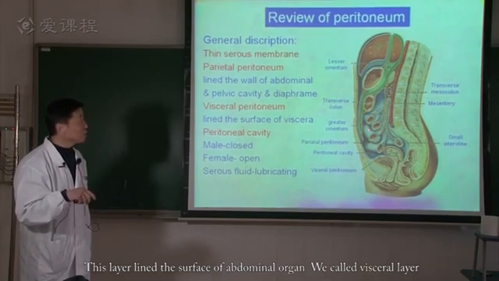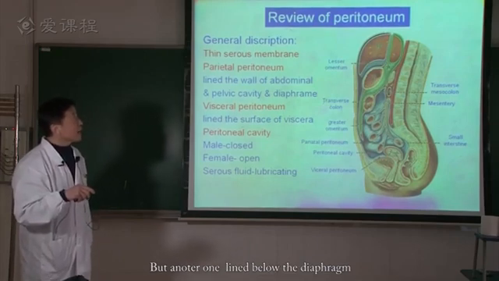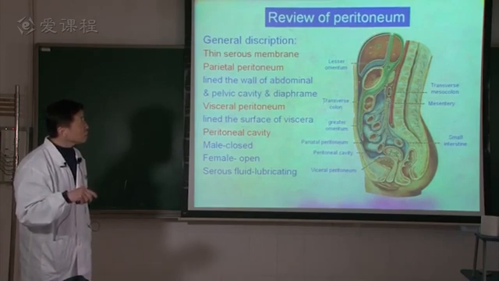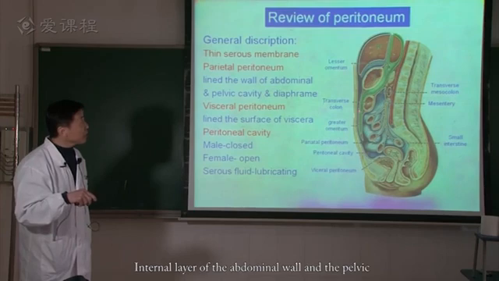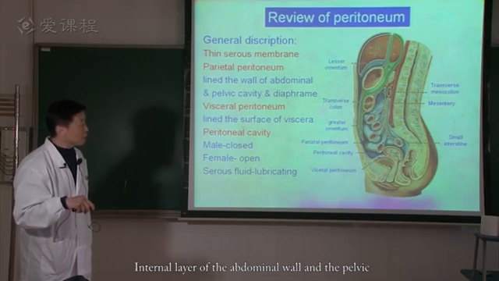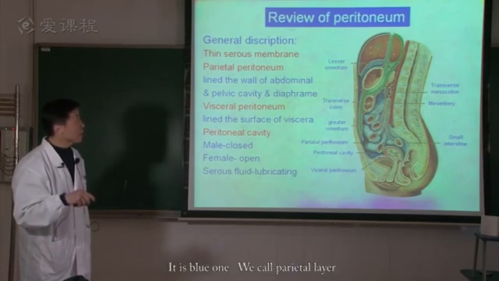We call it the visceral layer. But another one lines the underside of the diaphragm, the internal layer of the abdominal wall, and the internal wall of the pelvis. This blue one we call the parietal layer.